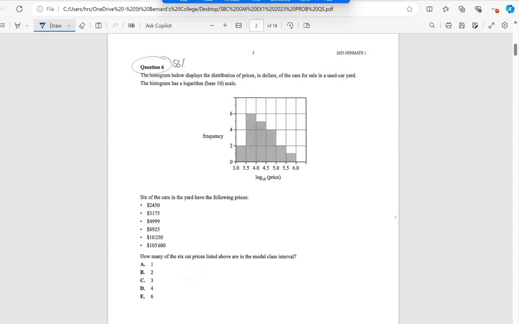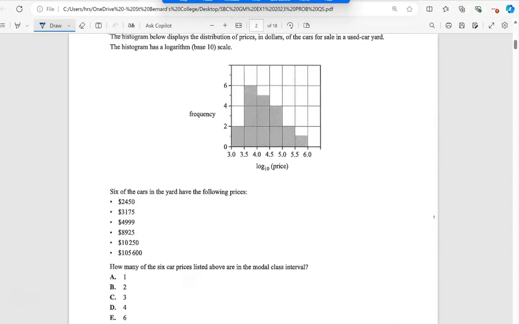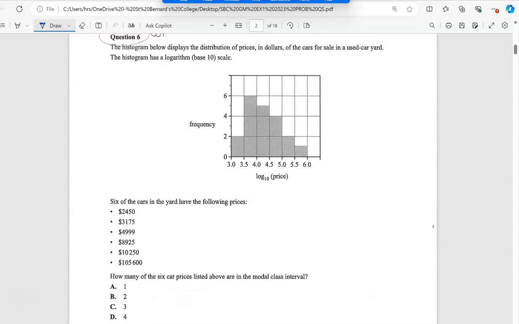a used car yard. The histogram has a log 10 with a base of 10 scale. We only ever have log 10, so you don't have to worry. So the important thing to remember here is that if you see, say, this number on a log scale, what the actual number is, is 10 to the power of that number.